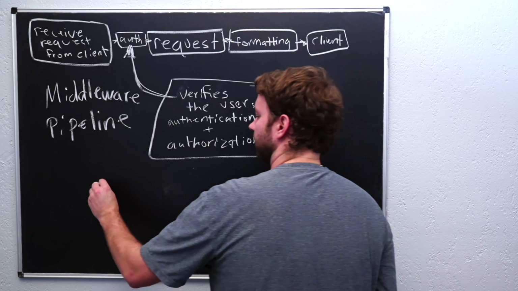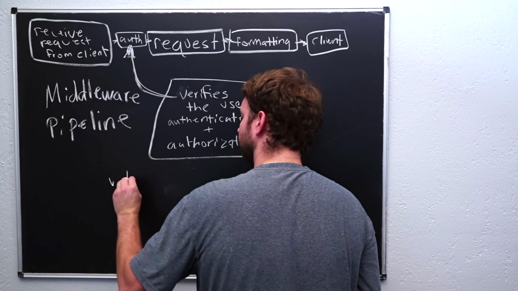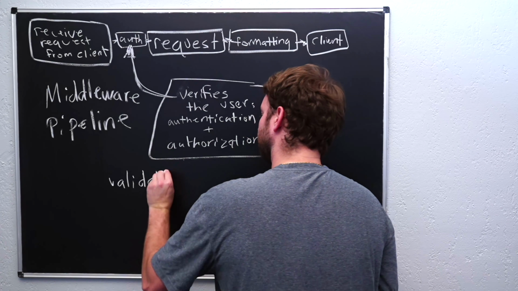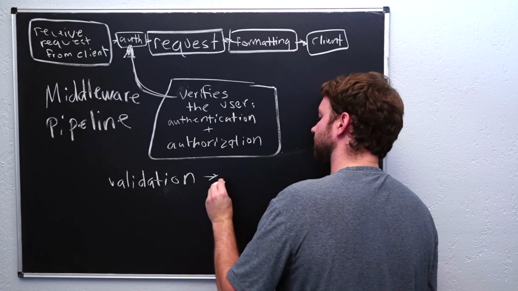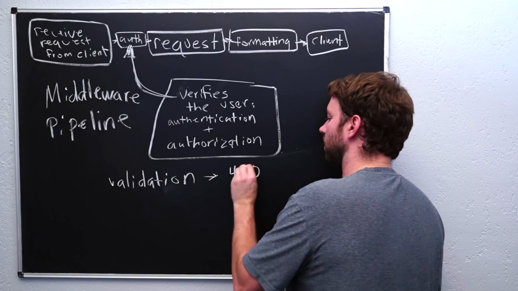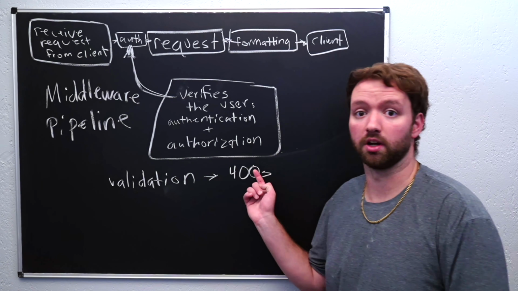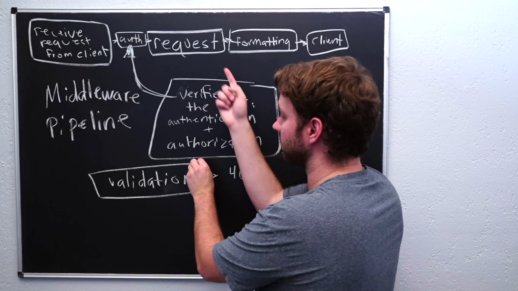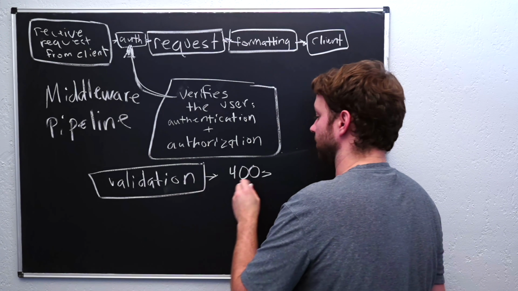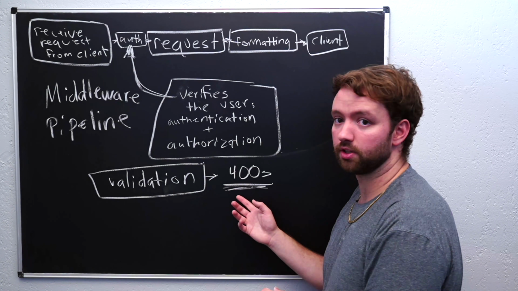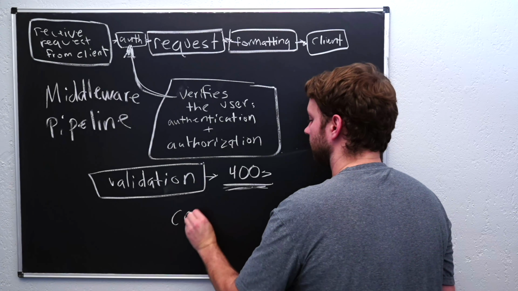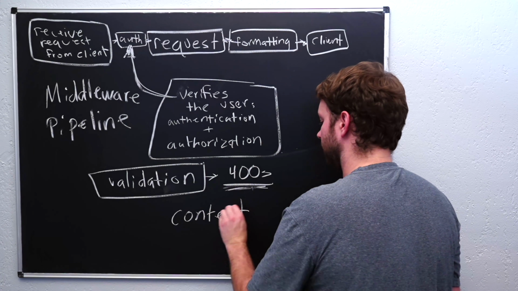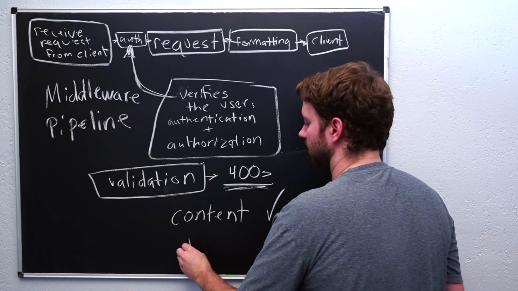We may also have things like validation. And this could potentially return 400s. So then we wouldn't even have to worry about 400s in the section where we're processing the request, because if they make it through the validation and they didn't get a 400, then we know the content is valid, and then we can process it.